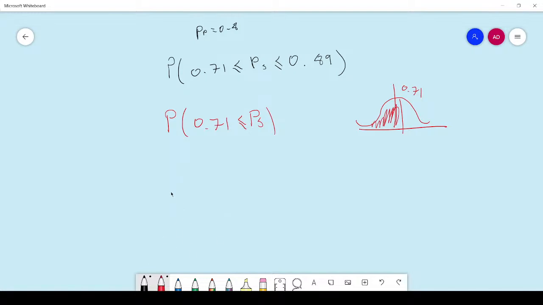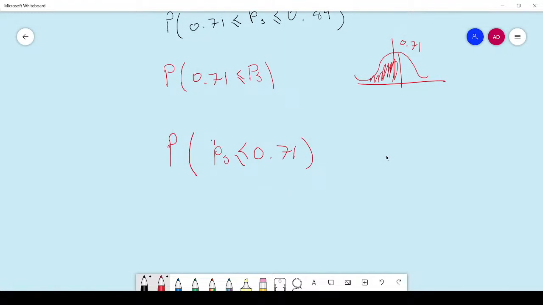Right, so if we normalize that, we're going to use the Z tables. The probability is less than 0.71, because that's how we normally do our Z tables, left to right. Which is also probably how I made the mistake on the other question. I can go back to it after this. The probability that's less than that is this situation here in the bell curve. So we should have probability z if we've normalized it.